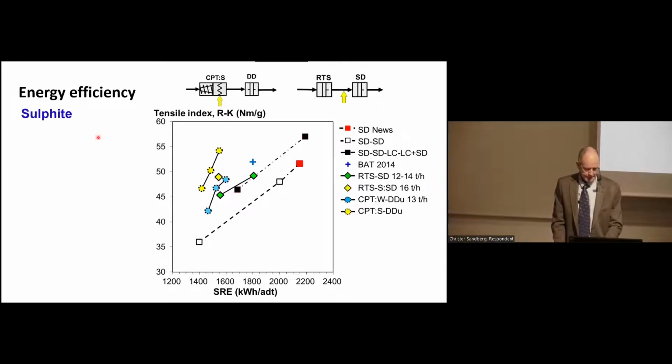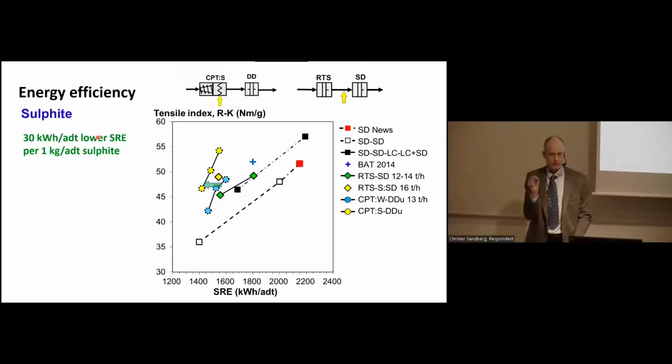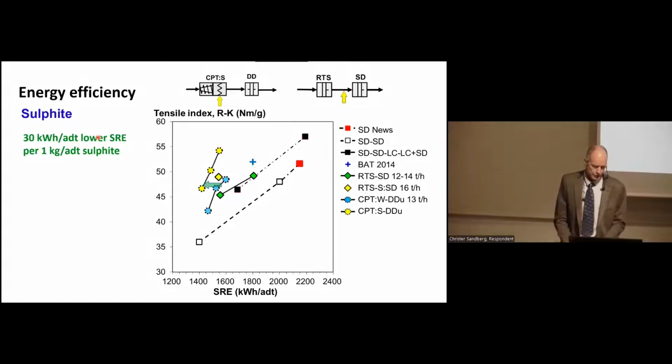Sulfite, if you add it in the process, what we have seen is for every kilo of sulfite that we add, you gain some 30 kilowatt hours per ton in specific energy. And we have been using somewhere usually between 5 and 10 kilos per ton.